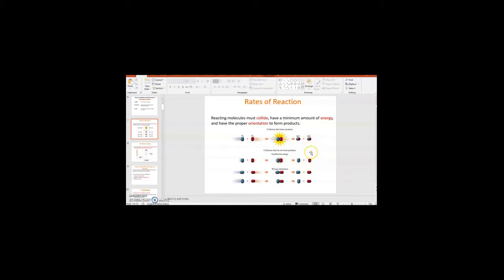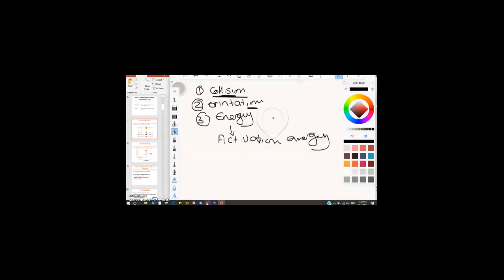Here, they do have energy, you can see, and the orientation, but the orientation is not correct. So also they didn't get the correct product. Here, same thing, the orientation is not correct, so you get different products. So it's very important to apply all three conditions.